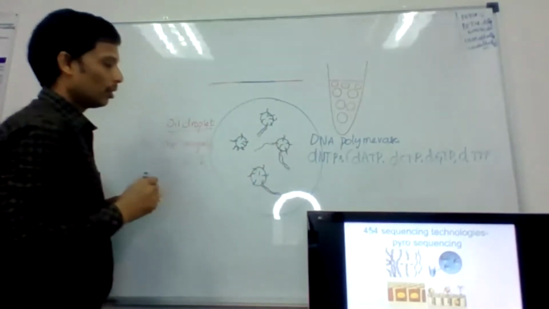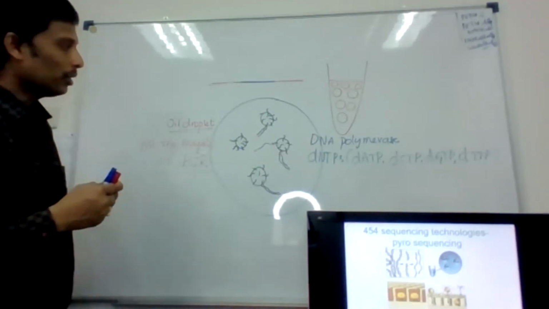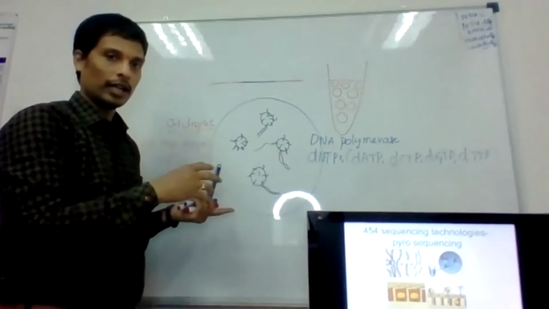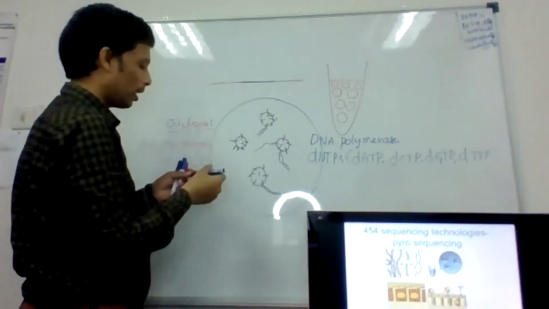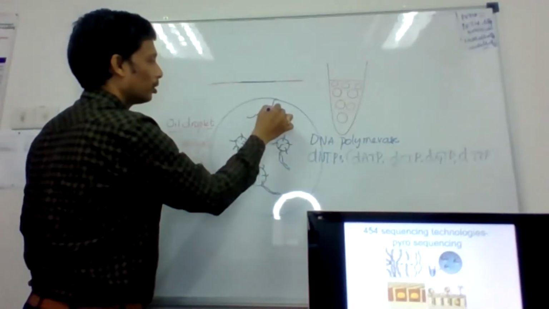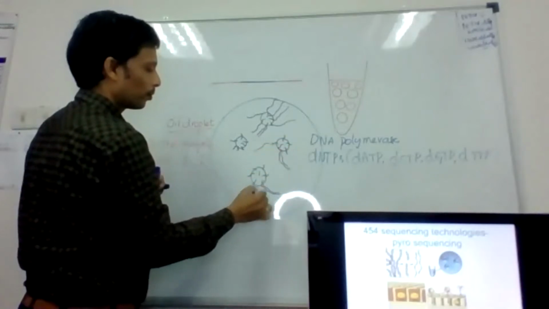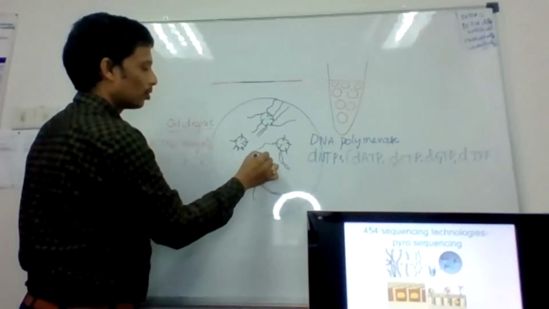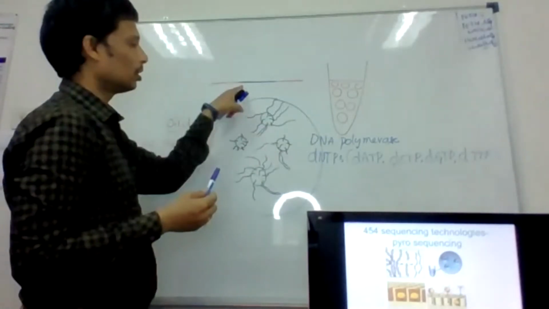Okay. Then similarly, after this you denature and again anneal. So it will go and amplify every place. So this one is amplified. This is complementary to this sequence.